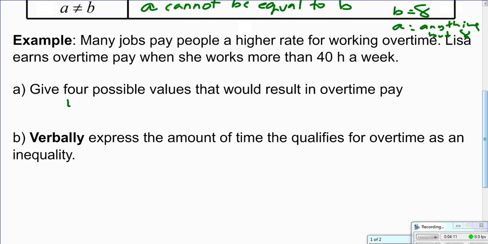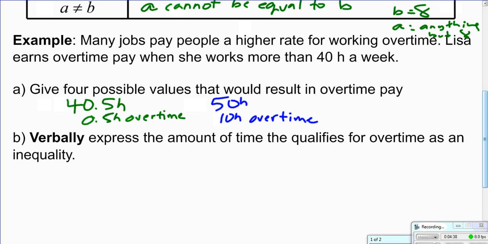Well, if she works 40.5 hours, that's more. So if she works that many hours total, 0.5 hours of that would be overtime. If she worked 50 hours, she would have 40 hours of regular pay, and then she would have 10 hours of overtime pay.